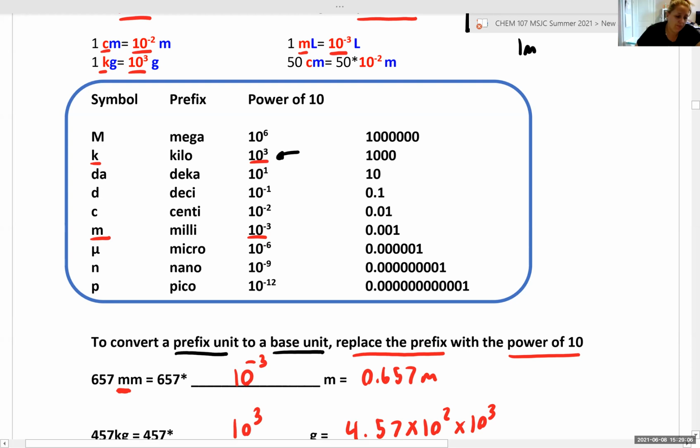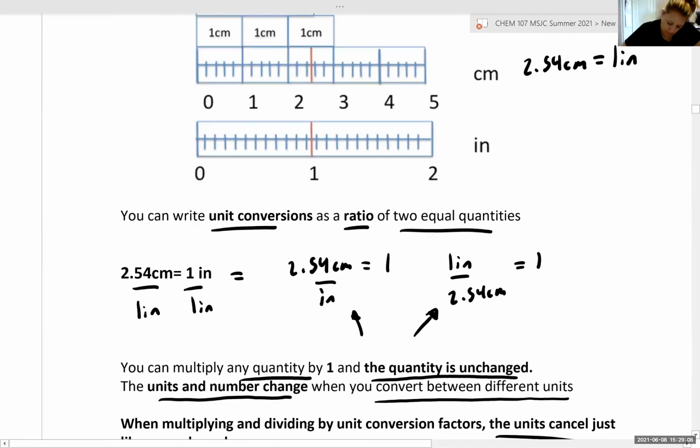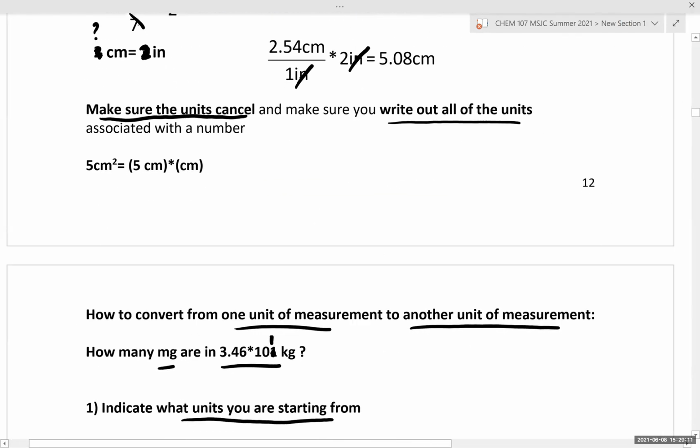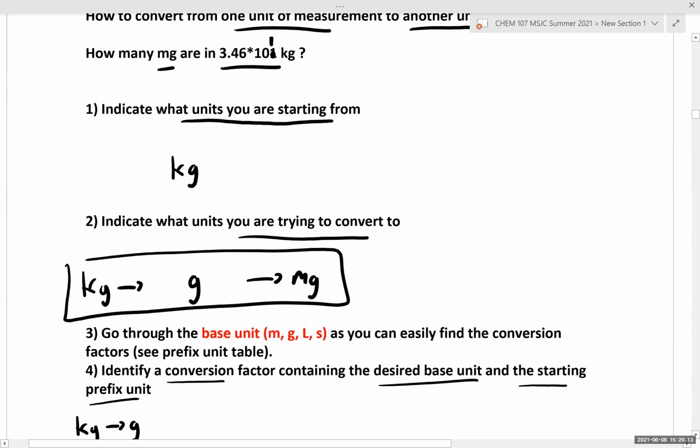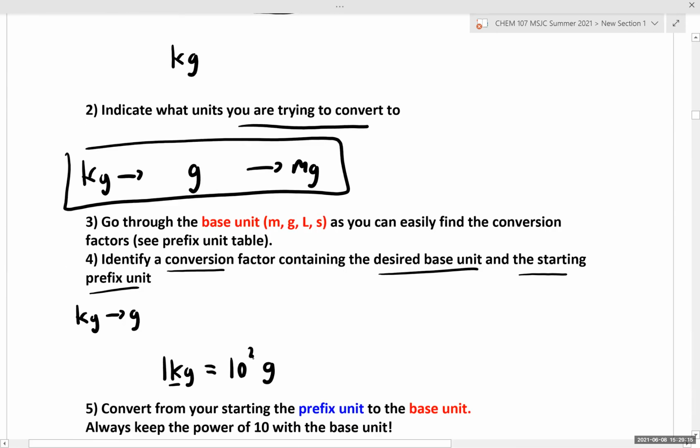Yep, exactly right. So then we know 1 kilogram corresponds to 10 to the third gram. So if we want to go from kilogram to gram, the unit we want to go to needs to be on top in our numerator, and the unit we want to cancel, in this case, should be on the bottom in the denominator.